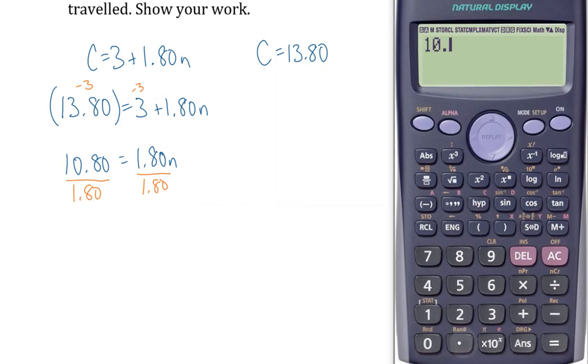So 10.80 divided by 1.8 is 6. Therefore, this passenger went 6 miles.